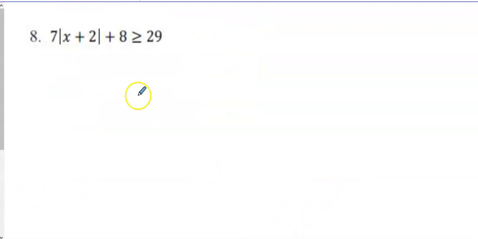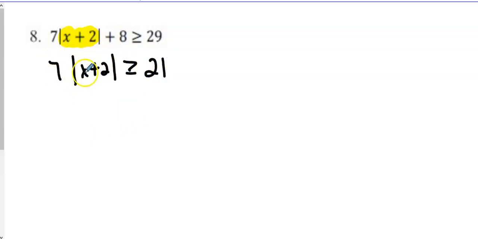Okay, so let's see. Here we have a couple things to do till we can isolate the absolute value. We need to subtract 8 and then divide by 7. So when I subtract 8, get that, divide by 7. Again, I didn't divide by a negative number, so I keep that greater than.